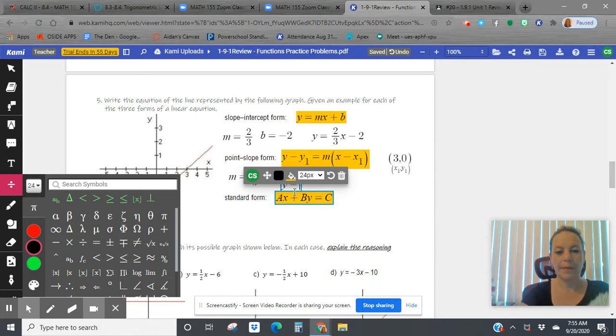So y minus 0 equals 2/3, parentheses x minus 3.